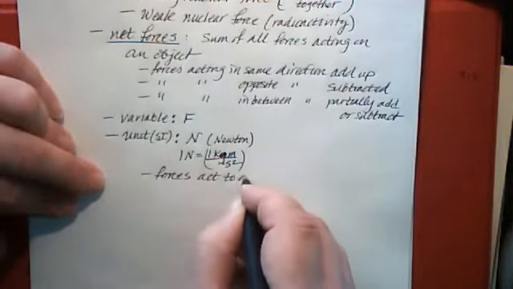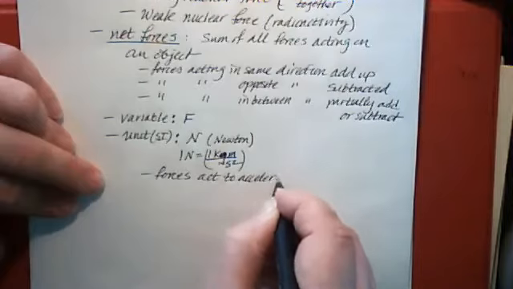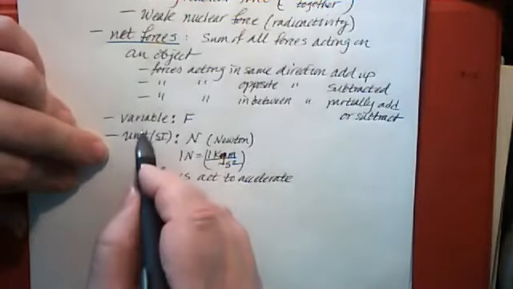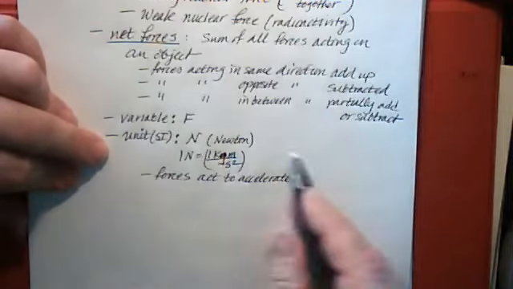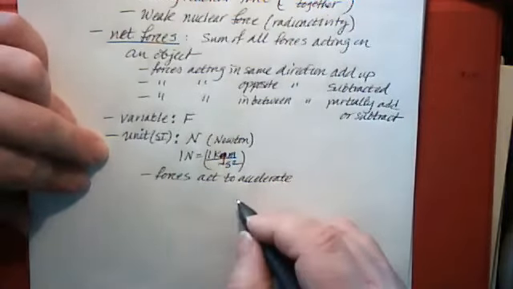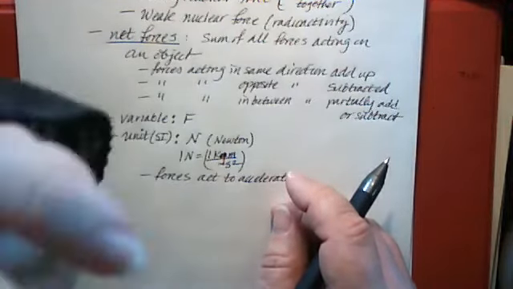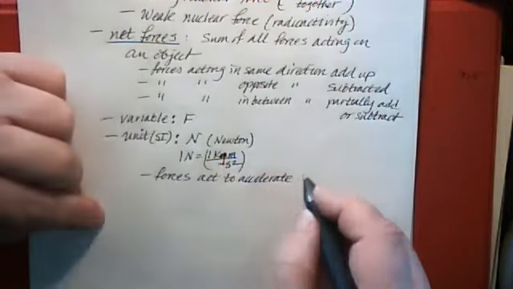The reason that the unit for force is kilogram meter per second squared is that, well, as we said, a force is something that's capable of accelerating an object.